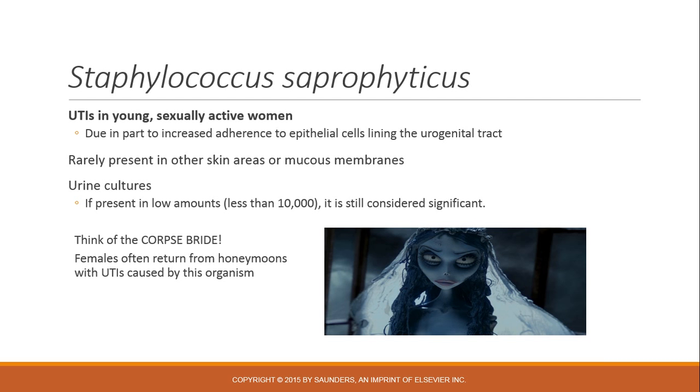Usually, if it's less than 15K CFU, or 15 colonies, it's not an infection. It's usually usual flora. It's just contamination. Anything present in greater than 15 colonies can be considered probably a pathogen at that point. So if it's present less than 10,000 or 10 colonies, it's just usual flora. So it's normal to be in there.